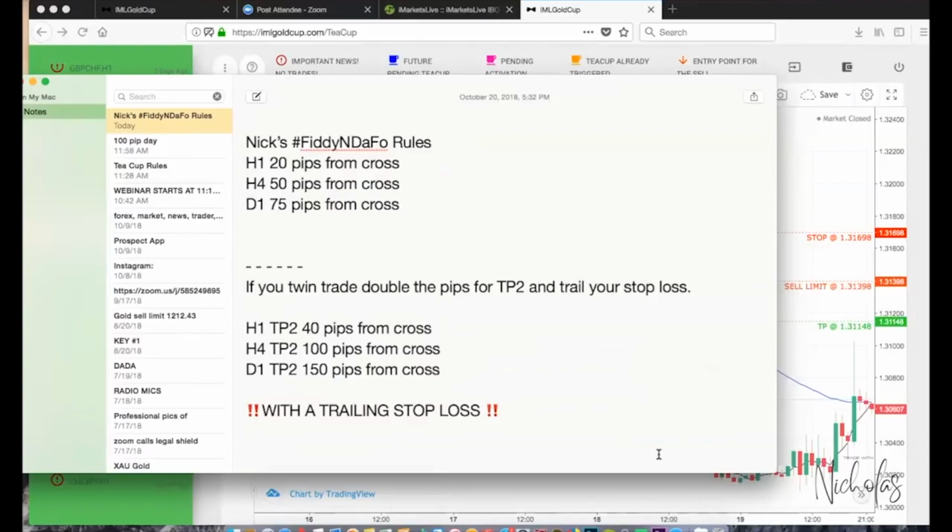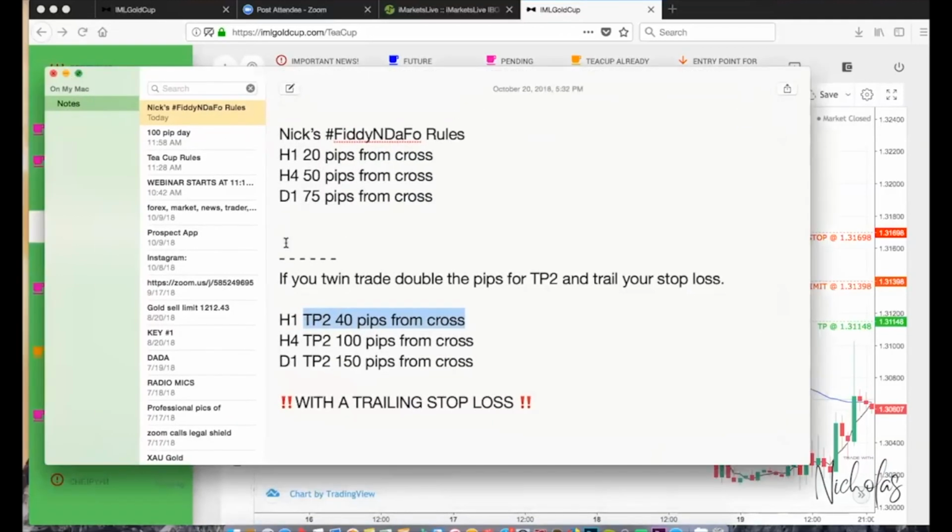So what I would do is I would trail my stop loss on my second trade. So after my first trade hit 20 pips, I'm going to trail my stop loss on my second trade and go for a take profit of 40 pips. So all I'm doing is I'm doubling my take profit from one point to another.